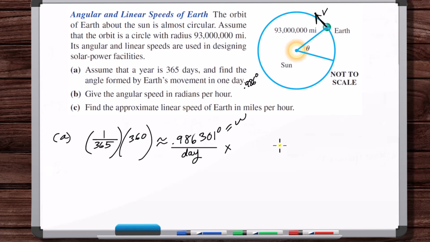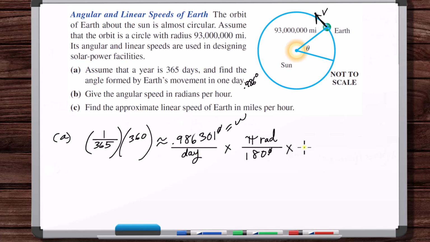So, how do we convert degrees to radians? Well, we worked a whole section on doing this. There's pi radians for every 180 degrees. So degrees cancel. There we go, now we're in radians. Now we have the angular velocity in radians per day.